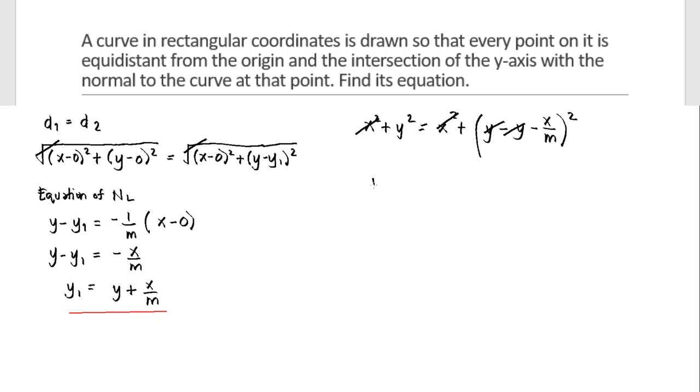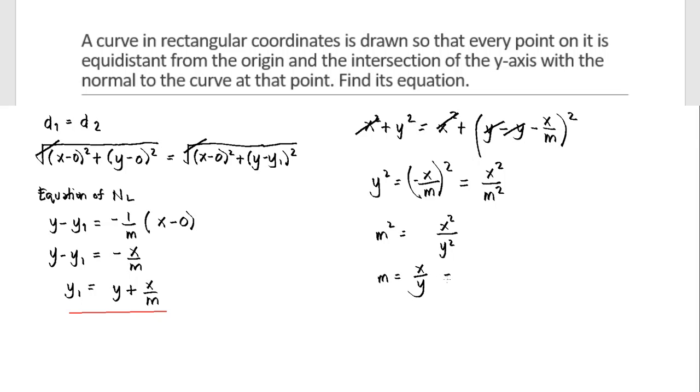What will remain would be y squared equals negative x over m squared, right? Or this would be x squared over m squared, right? So m squared equals x squared over y squared, or m is equal to x over y.